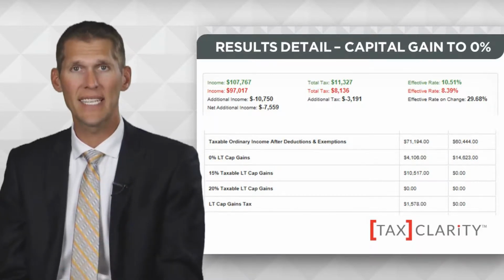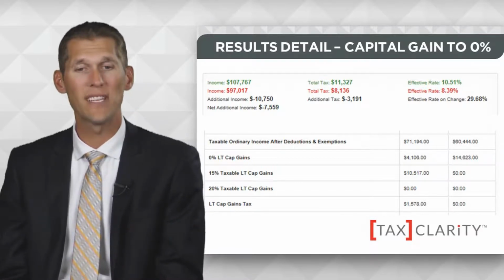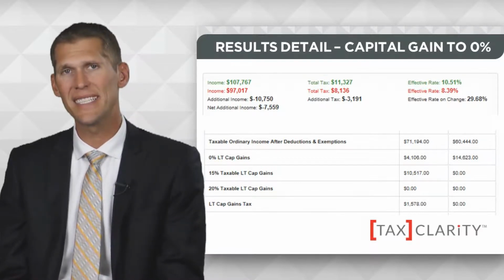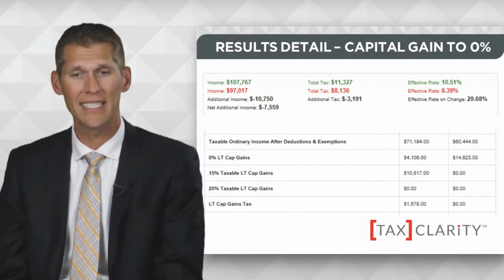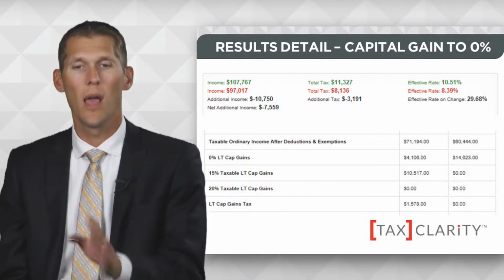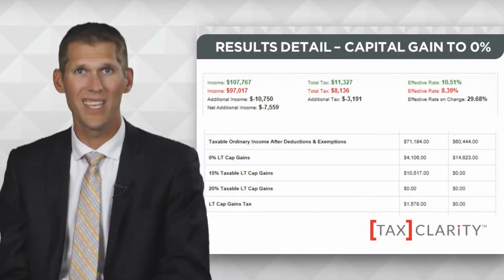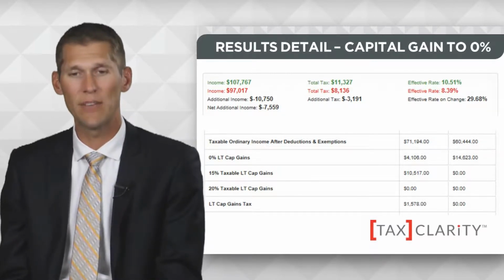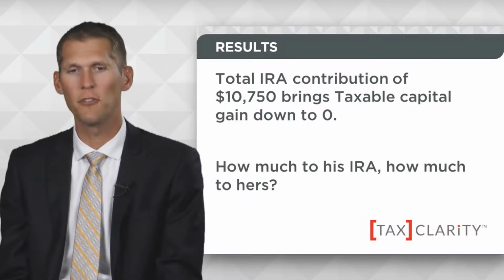In the first case, on the left-hand side, we had $71,000 of ordinary income and only $4,000 of capital gains fell in there. On the second column, you see that the taxable ordinary income after deductions and exemptions went down to $60,000. And so we actually got $14,000 of capital gains, the entire capital gain, through at the 0% rate. So it was a $10,750 contribution.